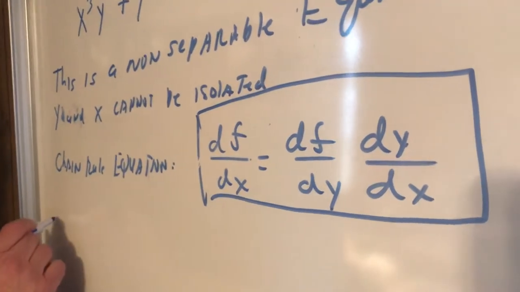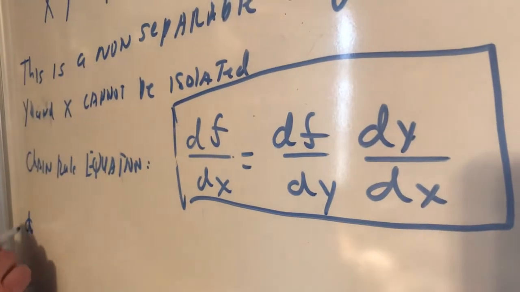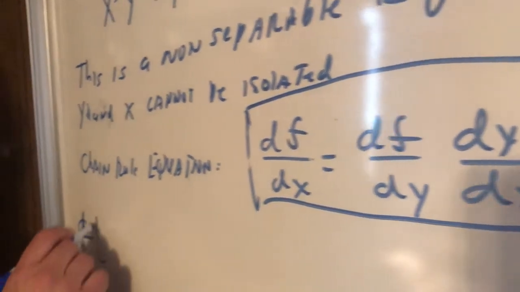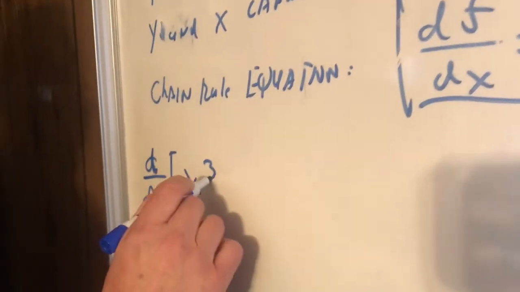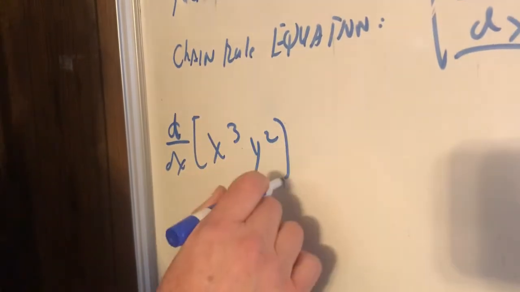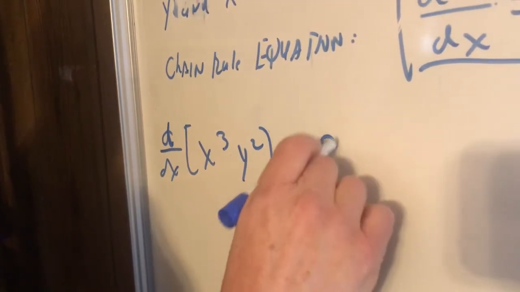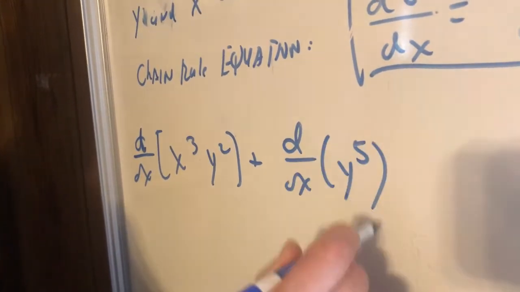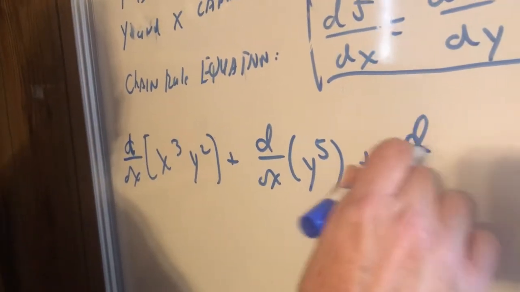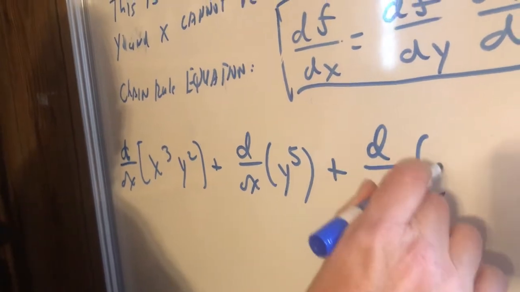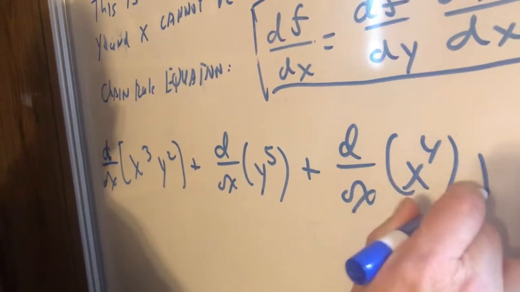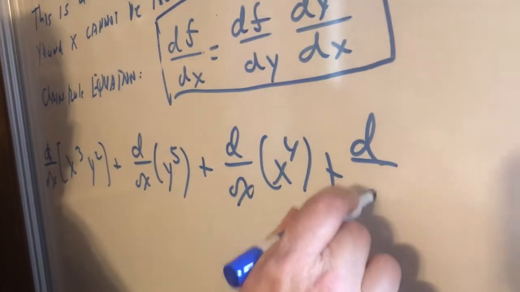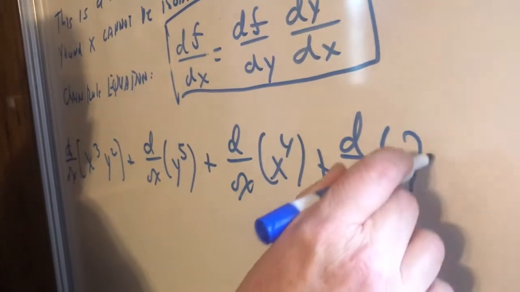Let's look at our terms. We want to find dy/dx, so we're going to find d/dx of x³y² plus d/dx of y⁵ plus d/dx of x⁴ plus d/dx of 2, and that's 0.